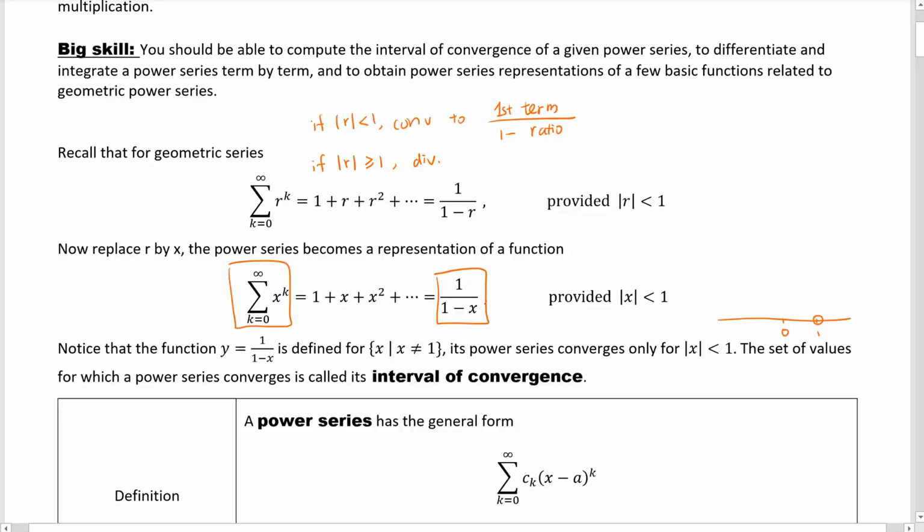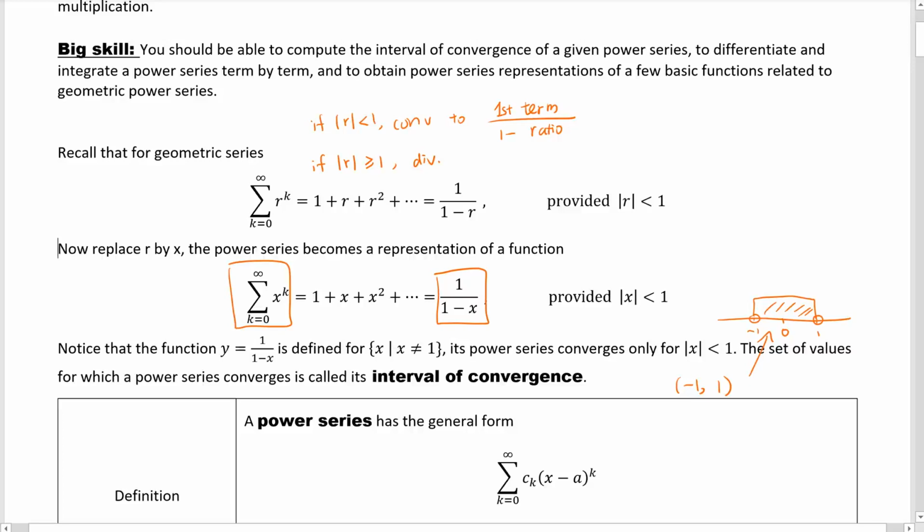So the function is defined for x not equal to 1, and the power series converges for the absolute value of x less than 1, which means it converges in this region. So far so good. The set of values for which a power series converges is called its interval of convergence. In our example, our interval of convergence is -1 to 1.